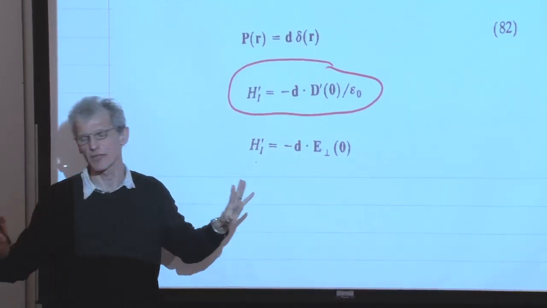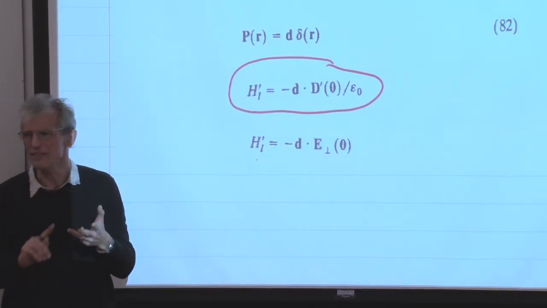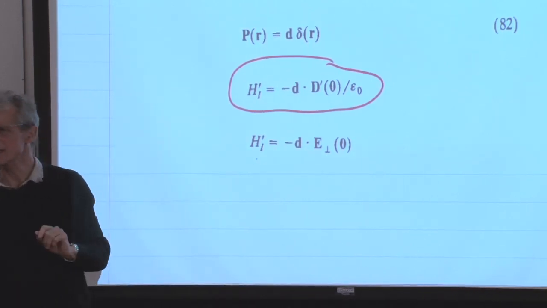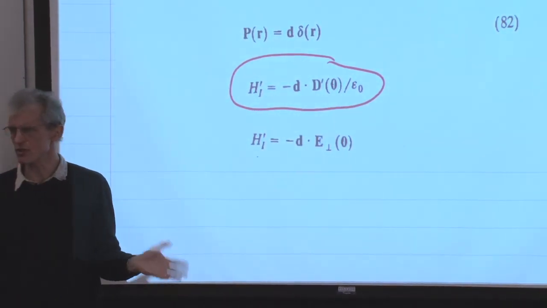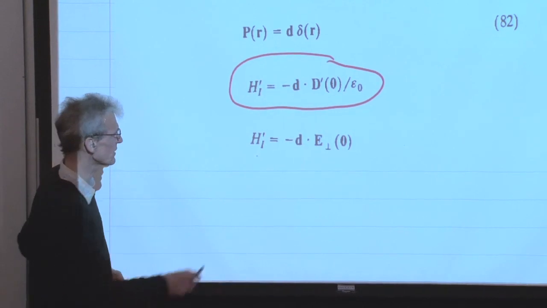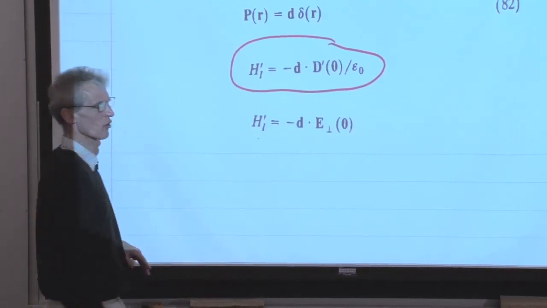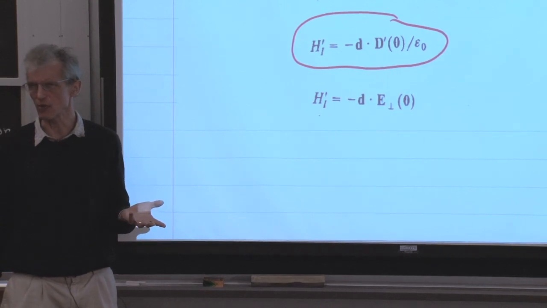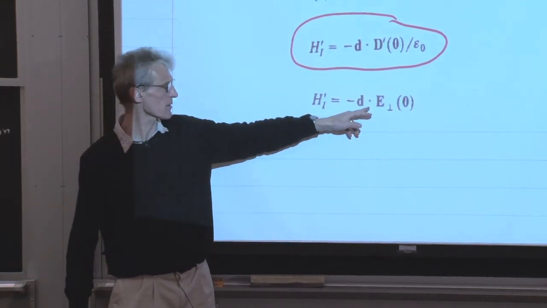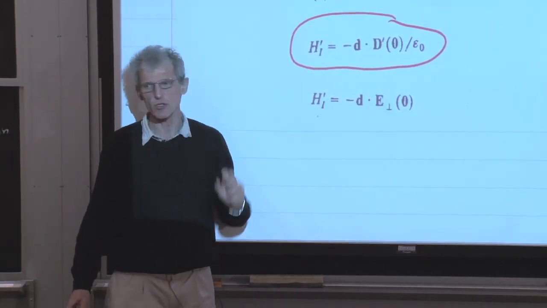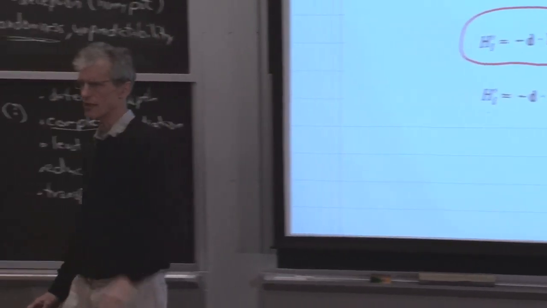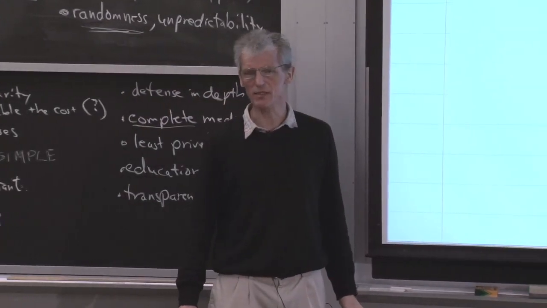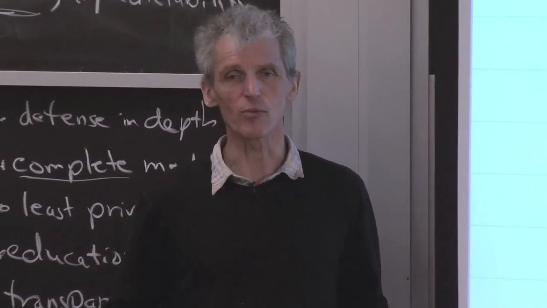I'm not going to explain the difference between E, E prime, D, and D prime. It can be done rigorously, but the take-home message is, and with that I want to conclude, that for most of this course, the interaction of the electromagnetic field with our atoms is described by this term. We take the transverse electric field, this is our radiation field, and it couples to the operator of the atomic dipole moment.